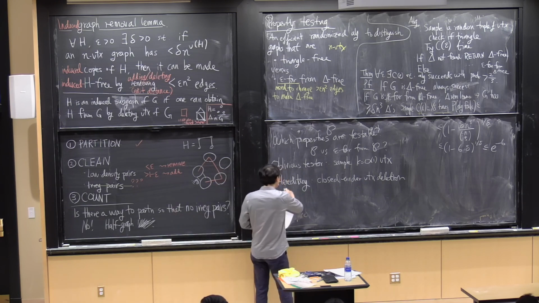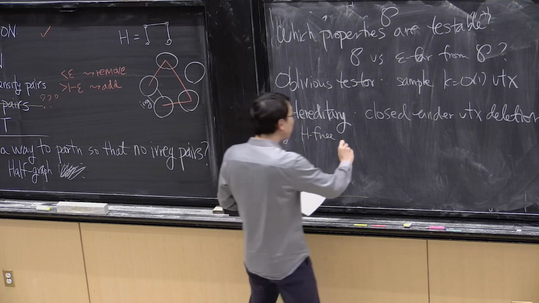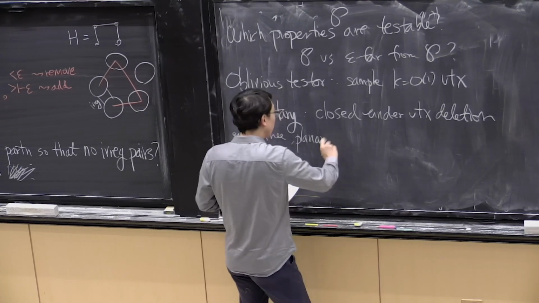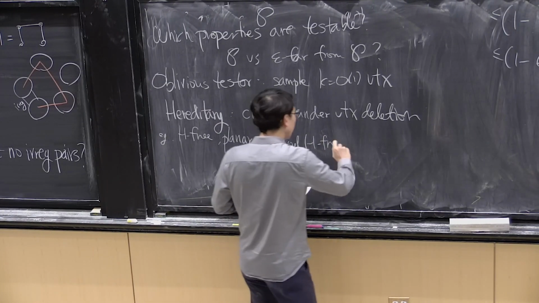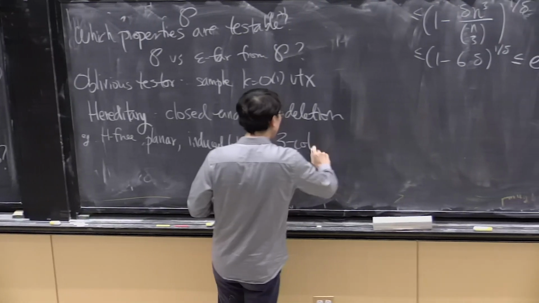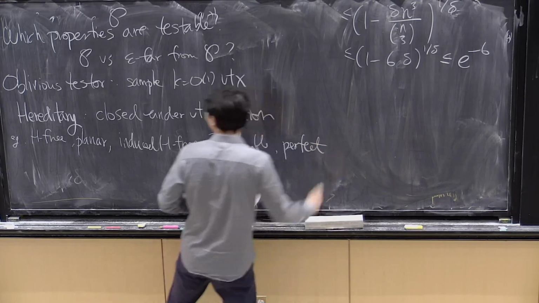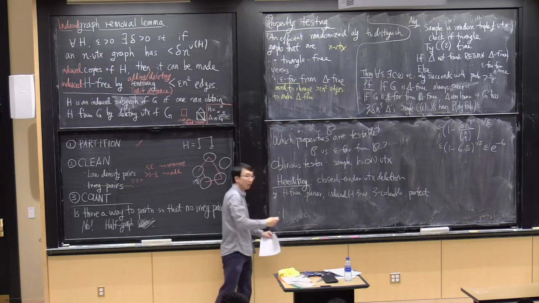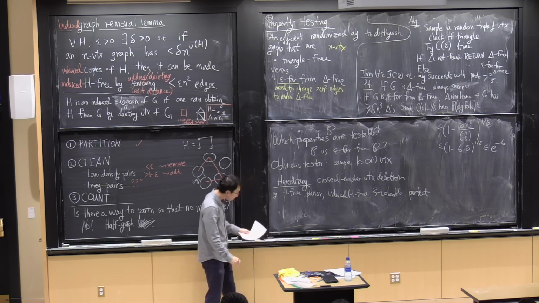For example, being H-free, being planar, being induced H-free, being three-colorable, being perfect. They're all examples of hereditary properties. If your graph is three-colorable and you take out some vertices, it's still three-colorable.